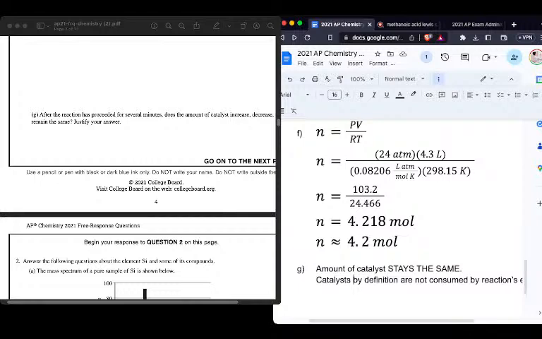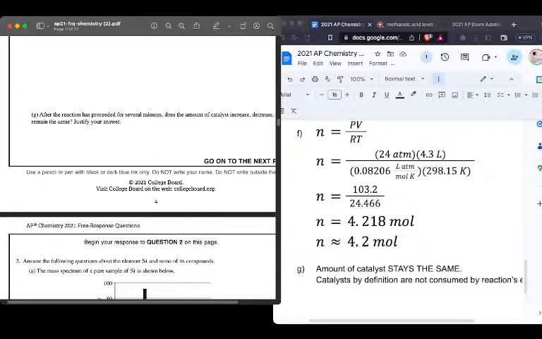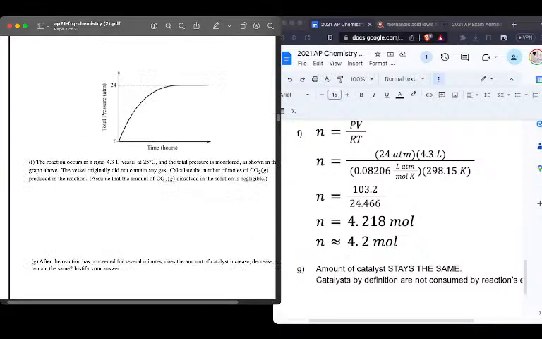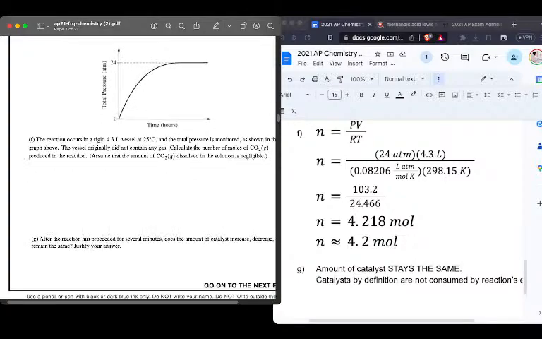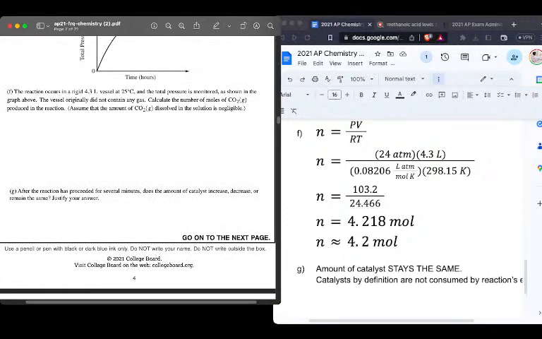So it's not that the amount of catalyst never goes down, but it's always regenerated. So after the reaction has proceeded, does the amount increase, decrease, or remain the same? After a few minutes, I guess we've consumed a little bit of it, but I'm pretty sure they want you to just say that you know catalysts don't get used up. That's what makes it a catalyst. Oh, yeah.